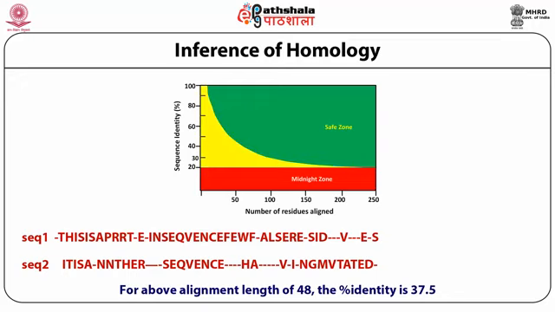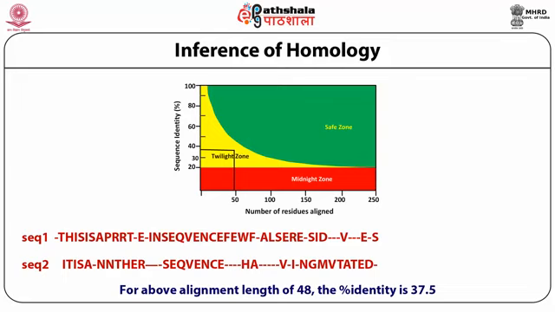In the yellow zone, the user needs to be careful before inferring homology and must follow statistical assessment of sequence alignment. In the present case, with number of identities 18, which is 37.5% sequence identity over 48 residue alignment length, this alignment falls in the yellow colored twilight zone.